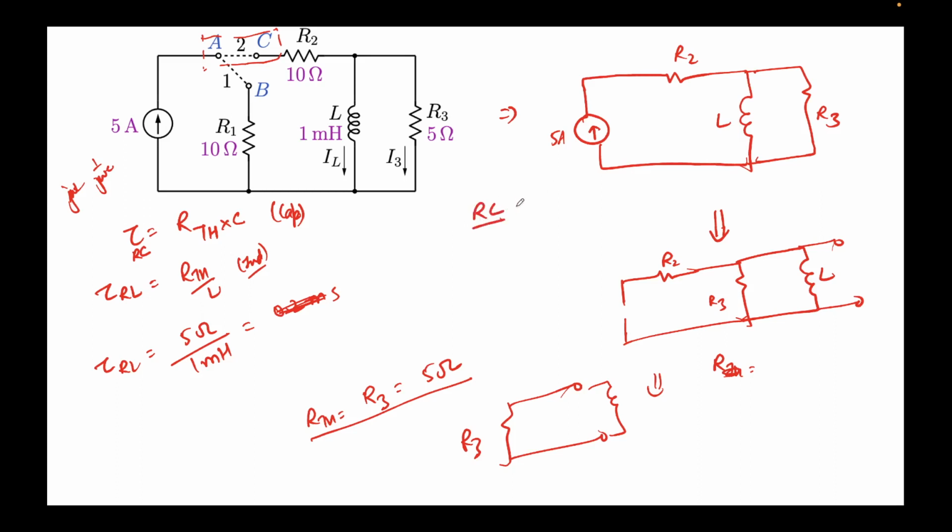This is RC. Time constant is RC, and omega L should be... are you sure it's not L by R? Can anyone confirm it's RTH by L, not L by RTH?